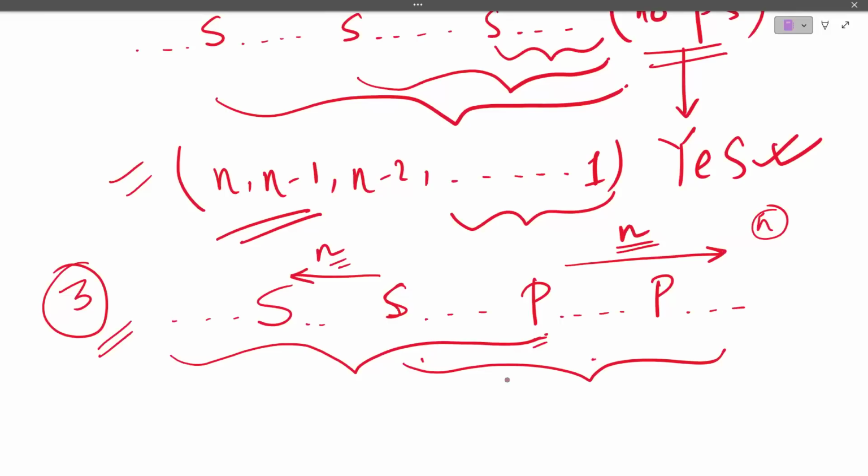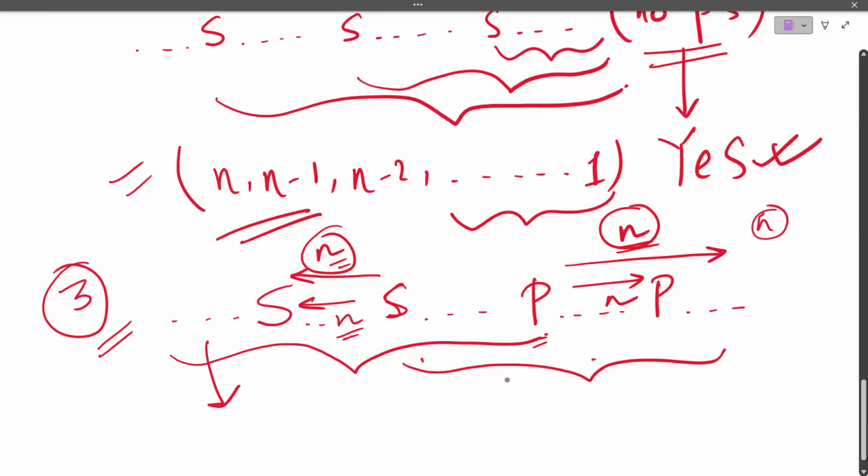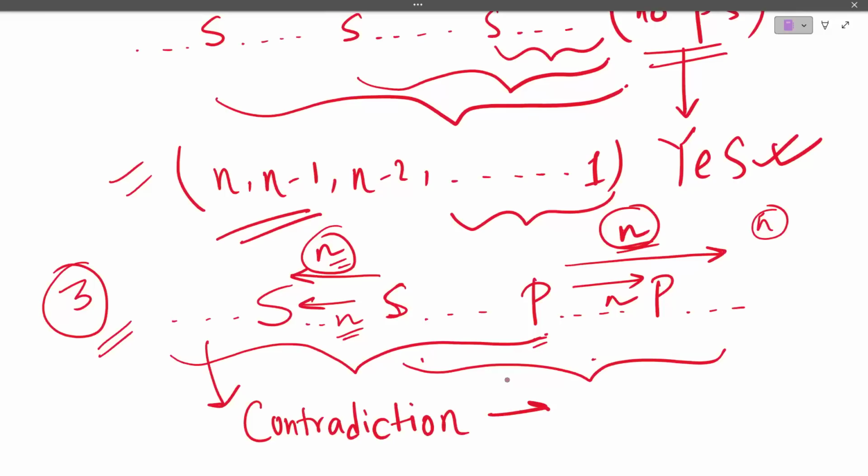N cannot come inside this. But wait, this is again a similar contradiction. You have two n's in the array. One says that the n has to be in this direction, and one says that the n has to be in this direction. That means such a configuration also leads to a contradiction, and therefore the answer will definitely be no. Because whenever you get such a string, in order to satisfy all conditions, you will need at least two n's, one in this direction and one in this direction, which is not possible in a permutation.